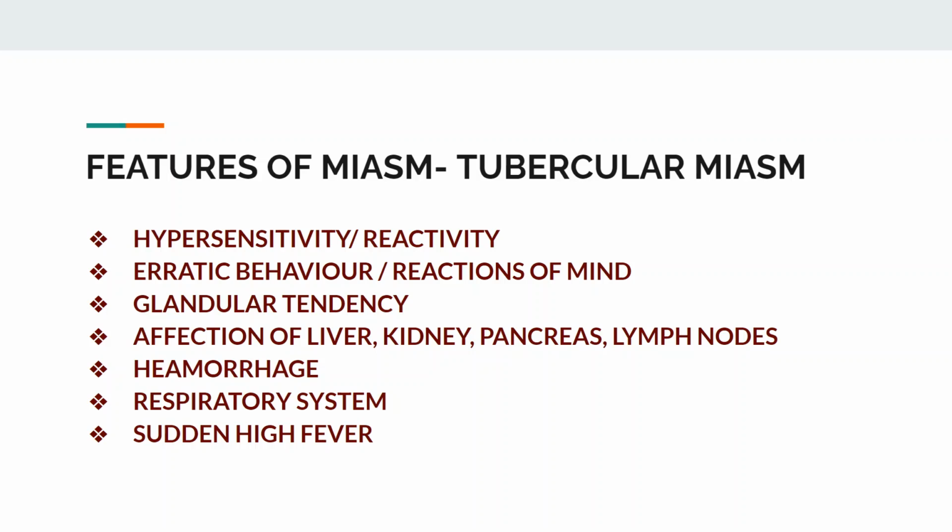Glandular tendency, affecting organs such as liver, kidney, pancreas, lymph nodes. Hemorrhage, bright red blood from all orifices, most important affection of the respiratory system, sudden high fever. These are all very important features of tubercular miasm you find in patients very often. Thank you.